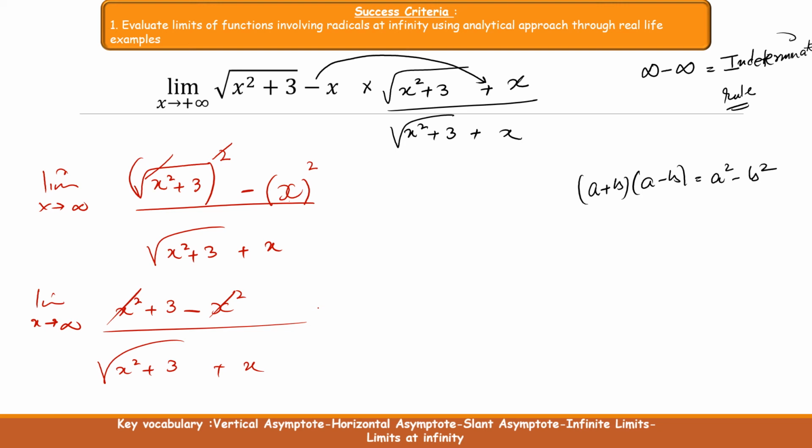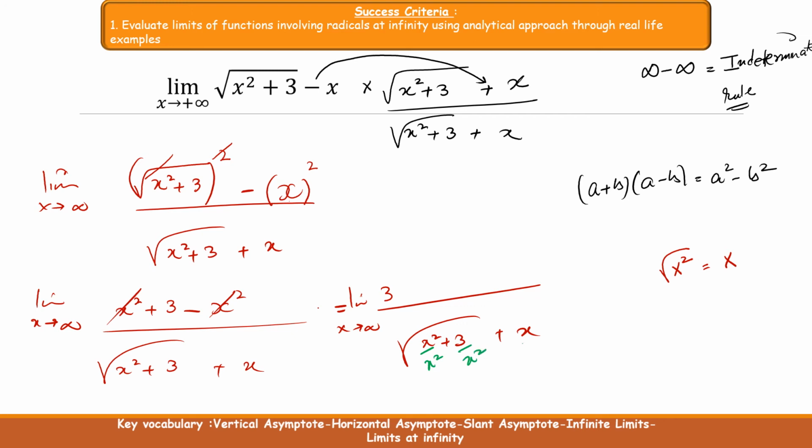So let's see here. Here we have, I forgot to write the limit, limit of 3 over square root of x square plus 3 plus x. Now what is the highest power of the denominator? Inside the square root it is x square, and outside the square root it is x. So whatever terms are inside the square root, you divide by x square.